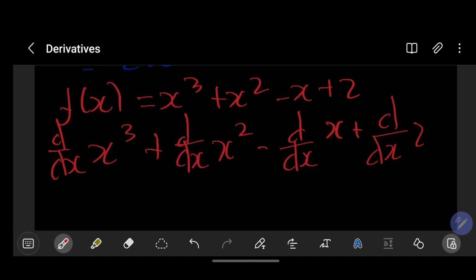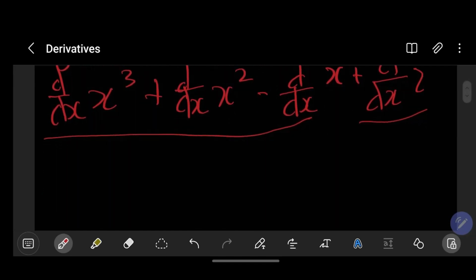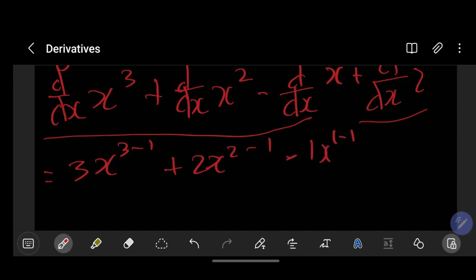Now we know with these three here we can use the power rule, and there we can now use the constant rule. So this is now equal to 3x to the 3 minus 1 plus 2x to the 2 minus 1 minus 1x to the 1 minus 1 plus 0. Constant rule, 0.